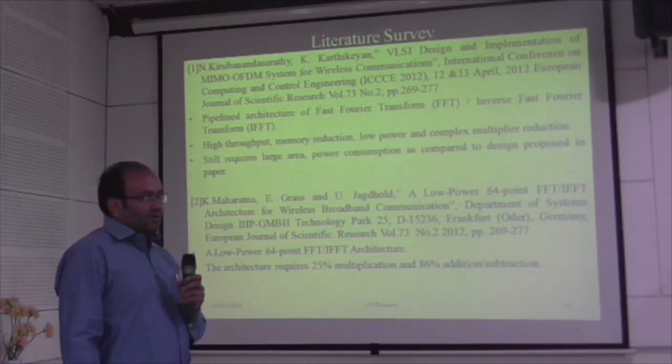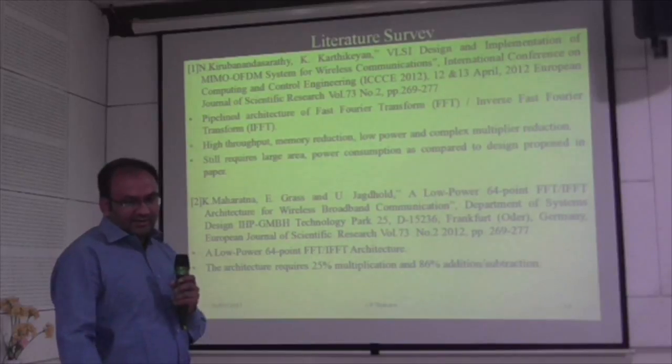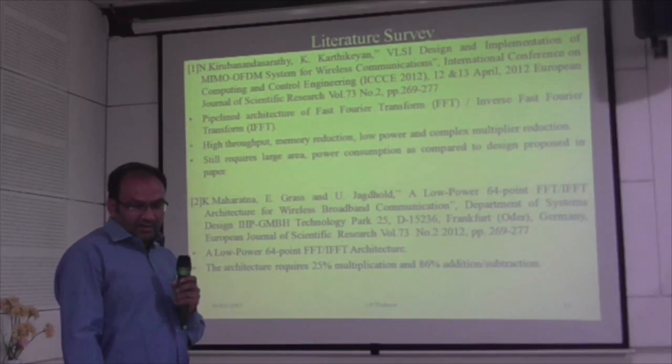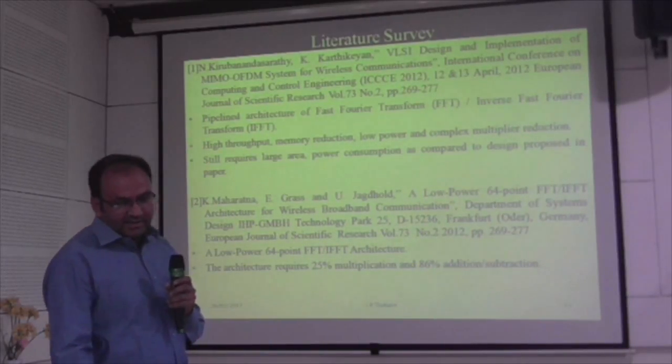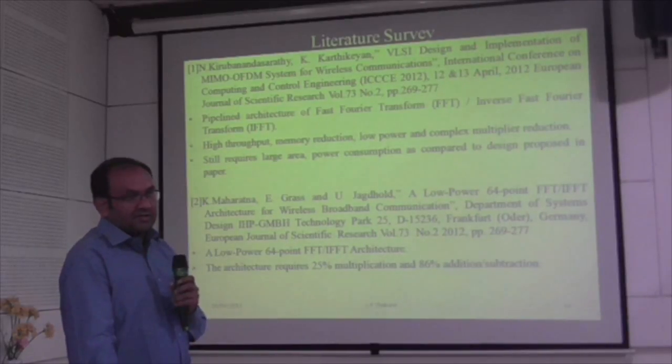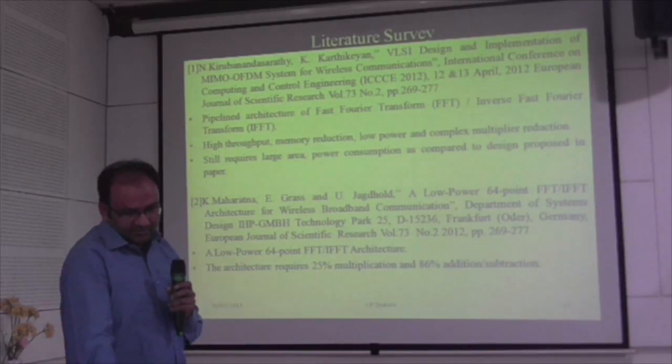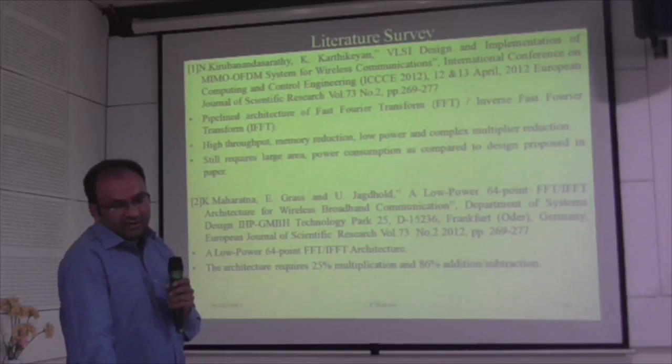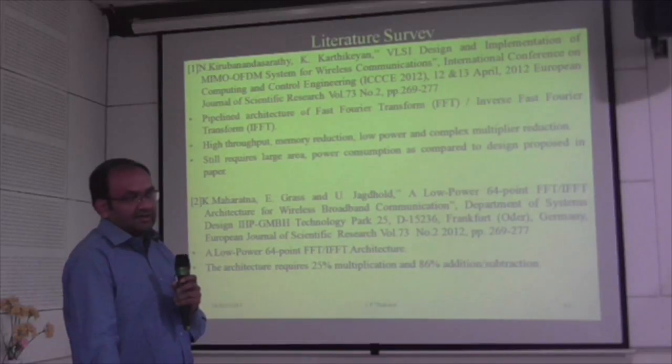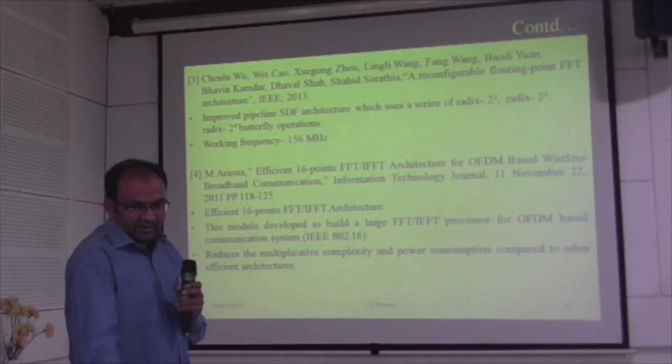But compared to my work, in this paper the area and power consumption are larger. In the second paper, they have designed a low power 64-point FFT architecture requiring 25% multiplication and 36% addition, but again it is limited to 64 points.